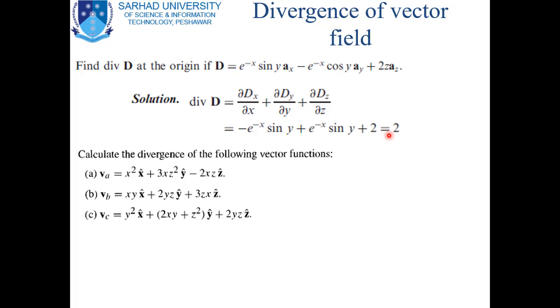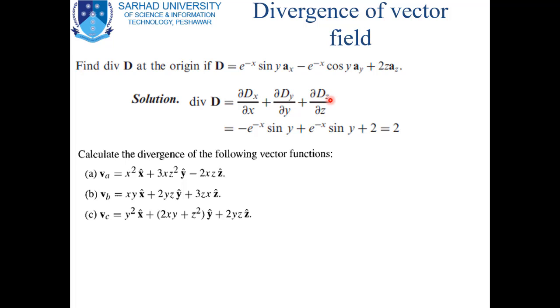In the following parts we also have to calculate the divergence of VA, VB, and VC, and these functions are given in Cartesian coordinates, so our formula is the same. For the divergence of VA, we put VAx, the x component of the VA function, then the y component, and then the z component.